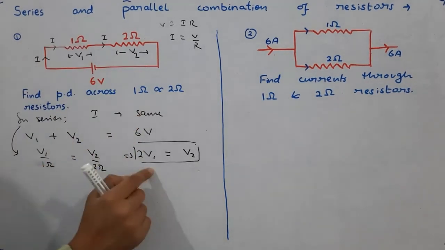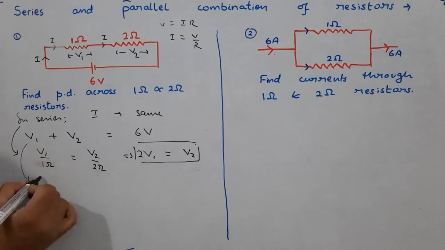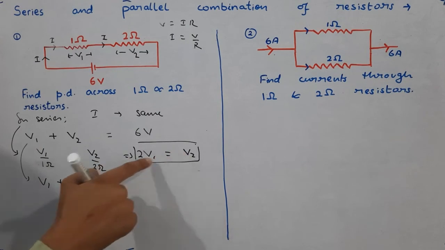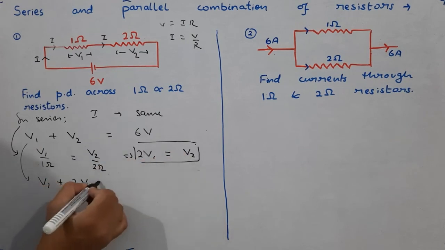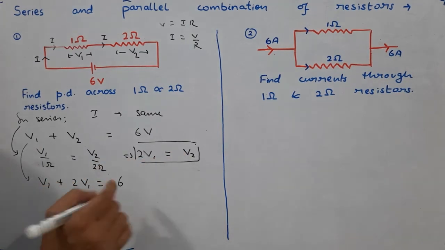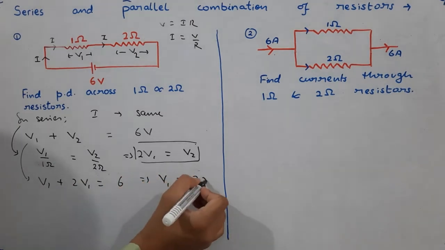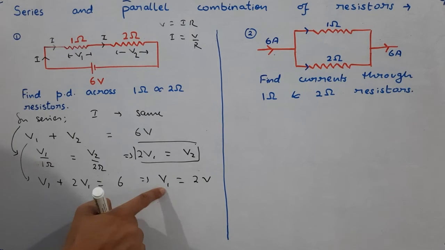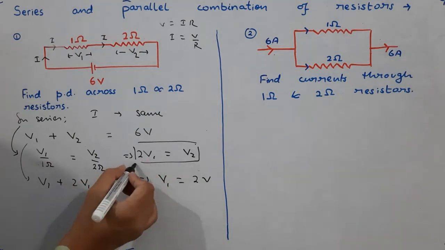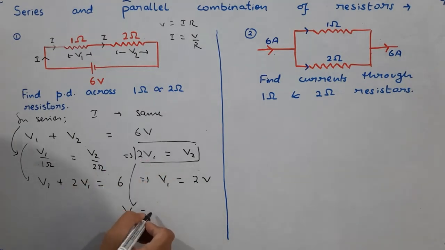Now these two equations can easily be solved. Instead of V2, I can put twice of V1. So V1 plus 2V1 is 6. So 3V1 is 6. This will give you value of V1 as 6 by 3, that is 2 volts. And if you put V1 is equal to 2 volt in this equation, that will give you the value of V2. V2 is twice of V1, that is 4 volts.